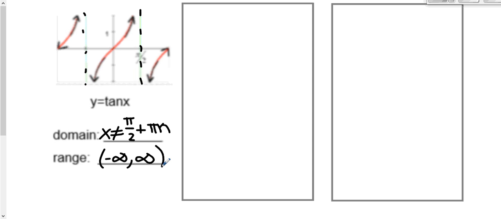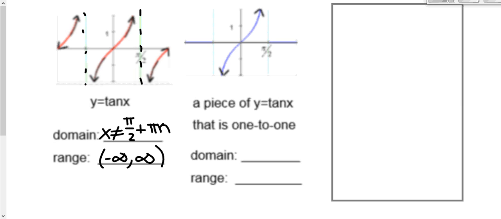So what we need to do then is take just a piece of this graph, and that piece will be what we find the inverse of. So we're restricting this graph to just the middle piece. That would be the most convenient. And this piece is 1 to 1. Every x has only one y, every y has only one x. It passes the vertical line test, it passes the horizontal line test.